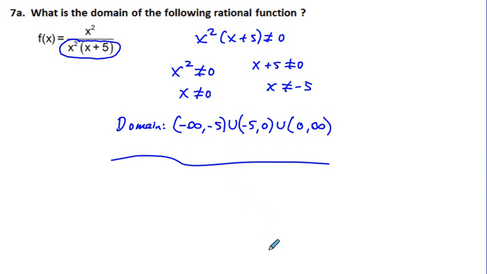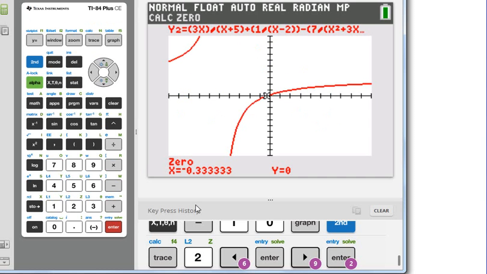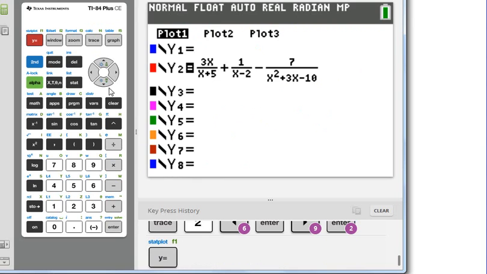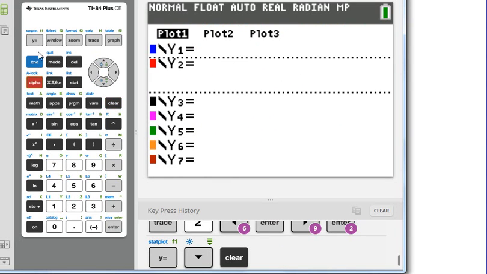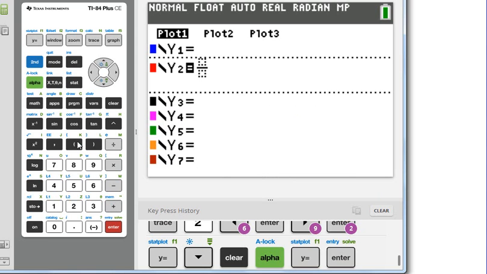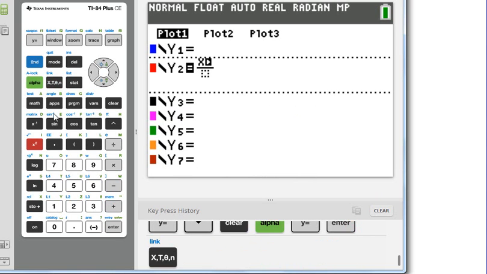And you can take this in the calculator also and see the breaks. So if we go to y equals, I'll put x squared over x squared times x plus 5.